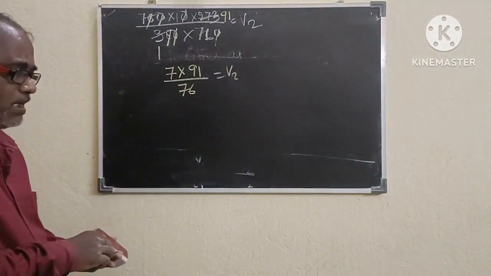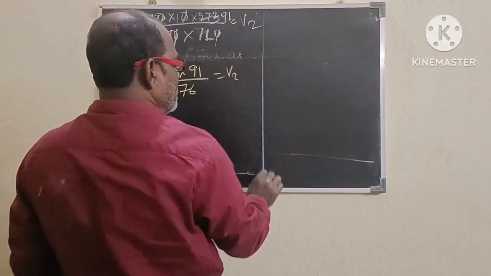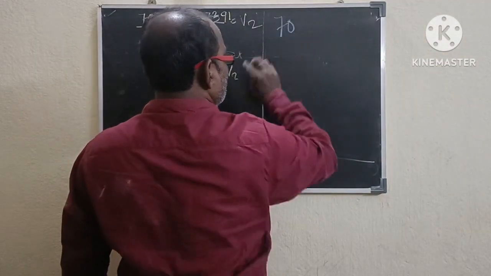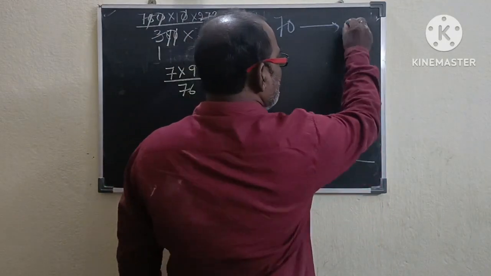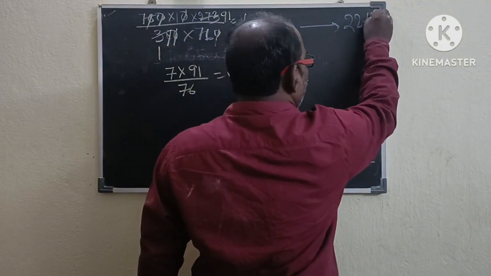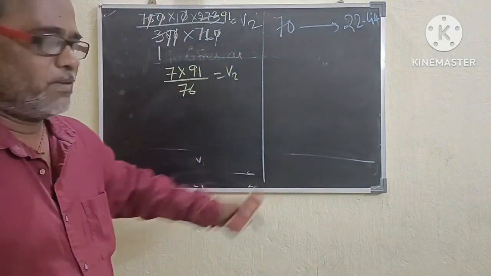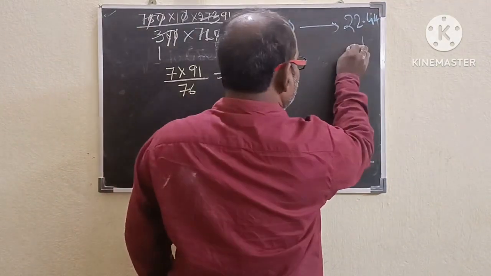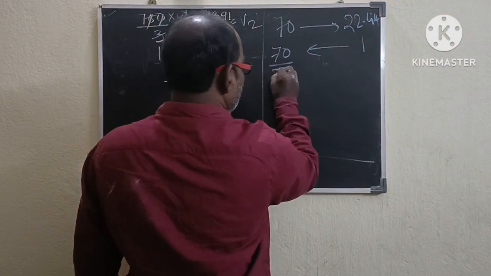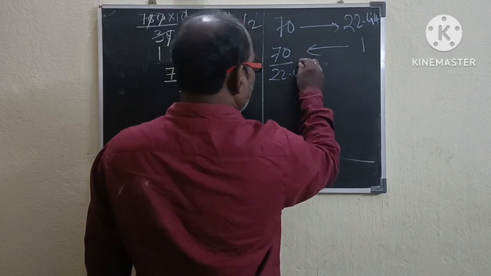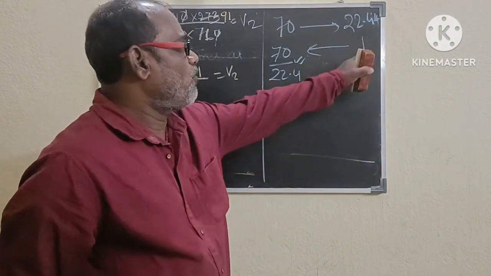Now we have the relation from the mole concept. In the question it was given that the molecular weight was 70 gram. So 70 gram can hold 22.4 liters. We know that one. Just now I have shown you that equation. So 1 liter will consist 70 by 22.4. Clear? So this much gram will be there for 1 liter.